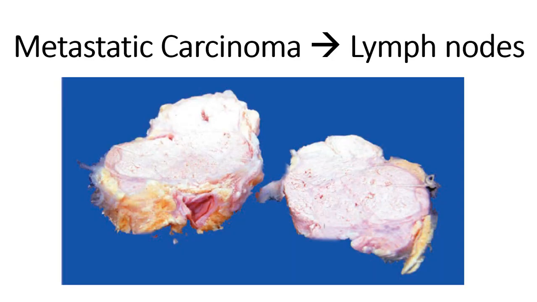So this is a lymph node, I guess the supramammary lymph node, with tumors that actually originated from carcinoma of the mammary gland. That's quite a common tumor in dogs, rarely in cats.